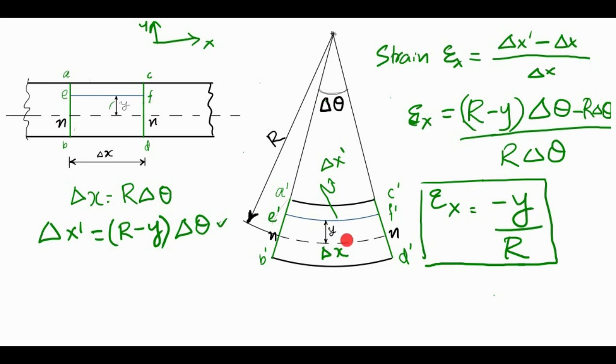So if we go upward from the neutral layer, each layer will be compressed, so the change in length is negative and the strain will be negative. If we go downward from the neutral layer, that is in negative y direction, it will be extended, so we will have a positive strain.